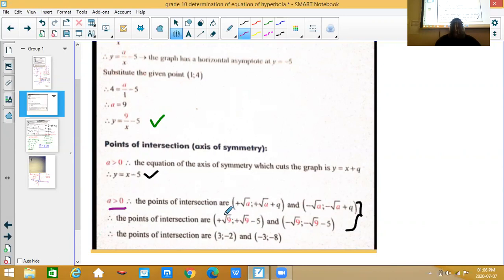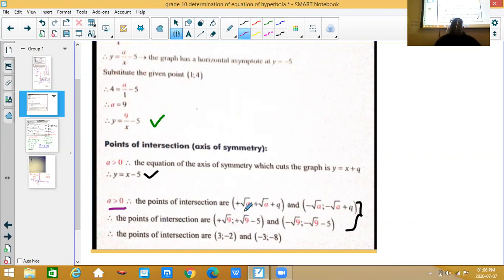Now we are saying the square root of 9 is plus or minus, but here we are going to take a plus because it is only positive, because a is positive. The same applies here, we take a positive.